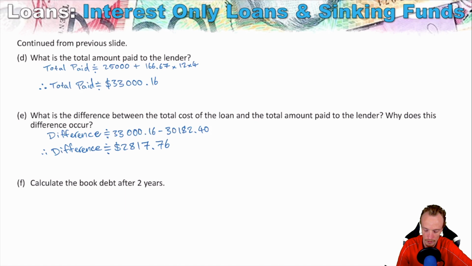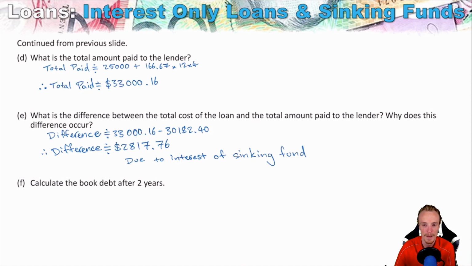So I'm just going to write here, due to interest of sinking fund. That's where the difference has come from. I always find it kind of interesting that you're able to give the bank more money than it actually cost you.